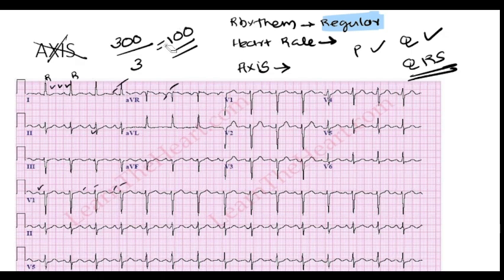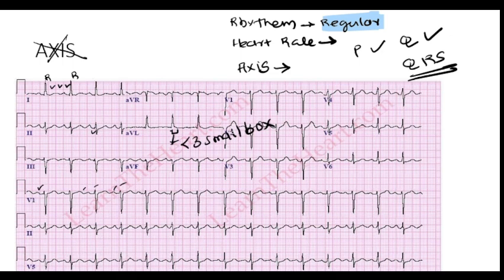Now check whether the QRS is wide or narrow. All of you know, it is at least less than 3 small box. Less than 3 small box means it's narrow QRS, or it's normal QRS at least. Narrow QRS is normal QRS. Okay. Now what is next? So we have done P, Q, QRS complex.